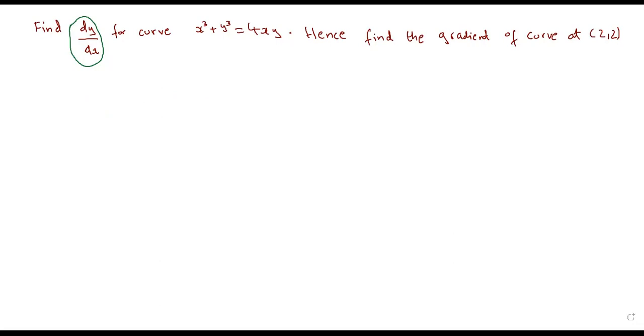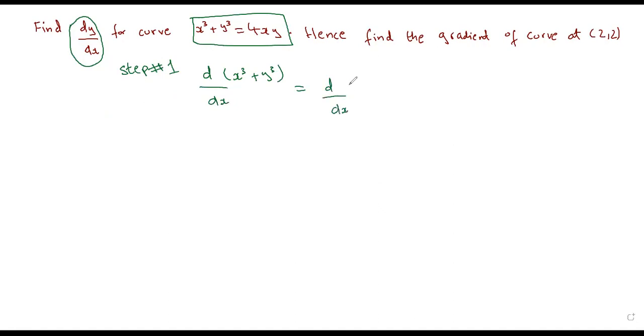Right. So step 1, we'll differentiate this whole equation with respect to x. So we will differentiate x cube plus y cube with respect to x, as well as we'll differentiate this side as well.